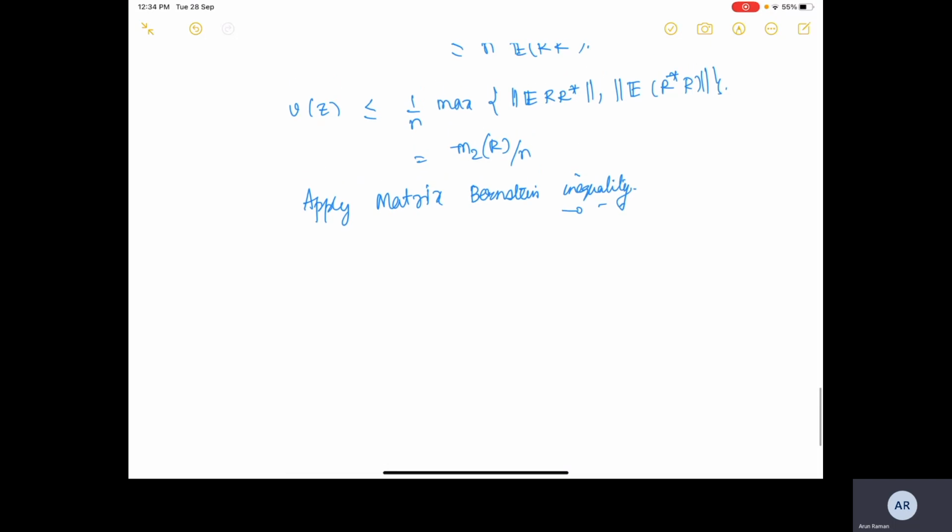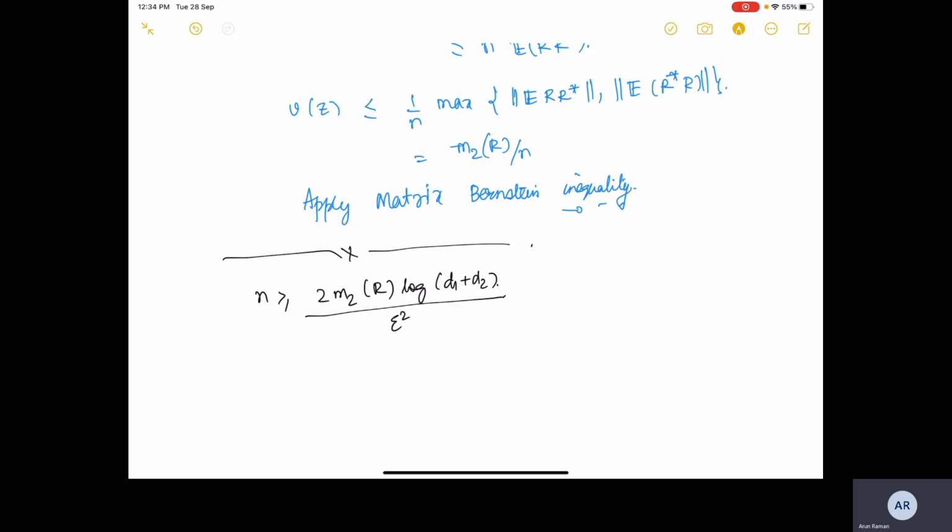Okay. So what this bound means is that if we have n greater than 2 m2 of r log of d1 plus d2 divided by epsilon square plus 2l log of d1 plus d2 divided by 3 epsilon.